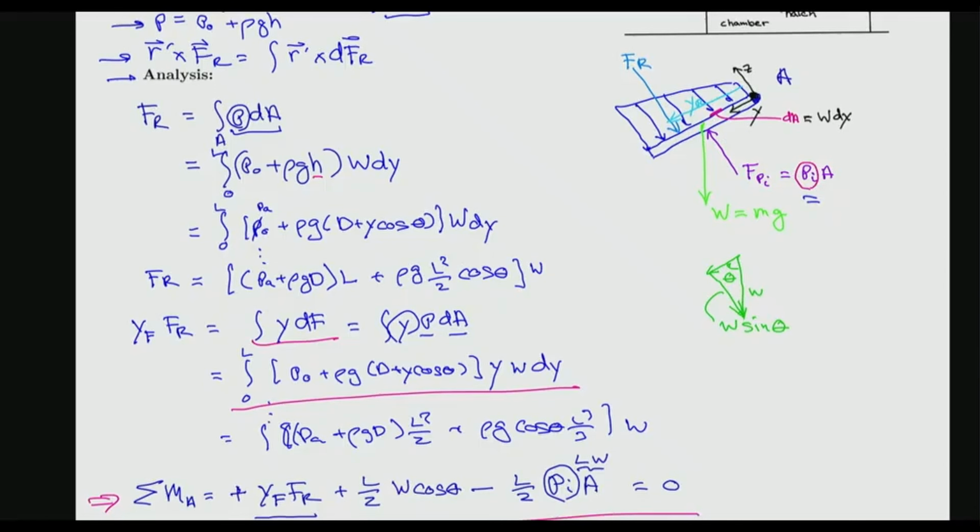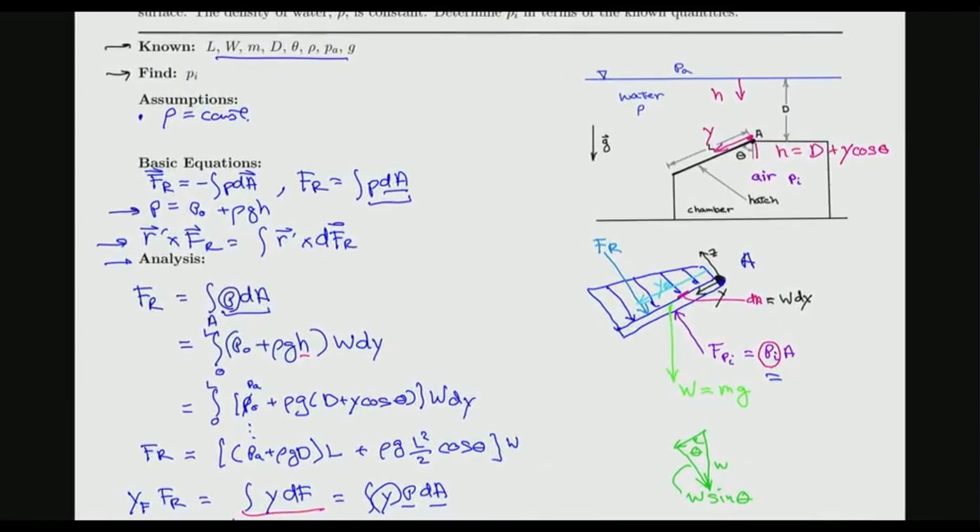The first one, I think 3.77, is a vertical surface, so the easier case. And then one is an incline. If you understood this, you can easily do the other one.